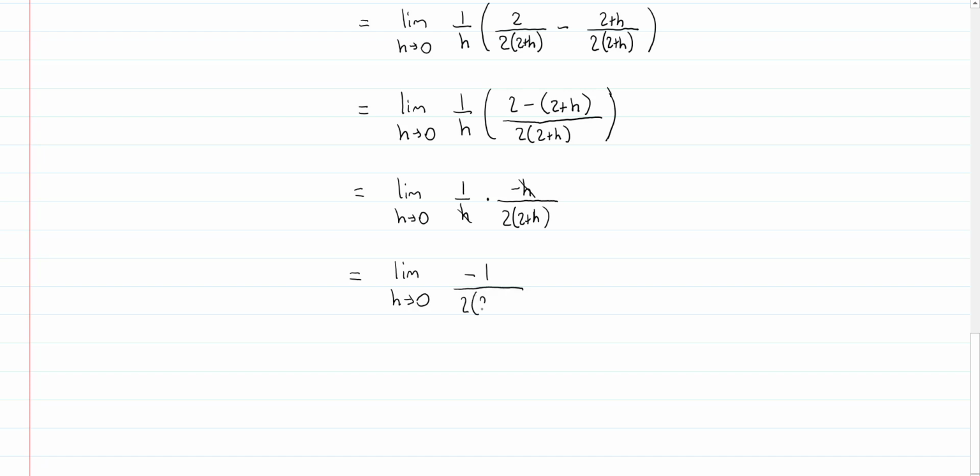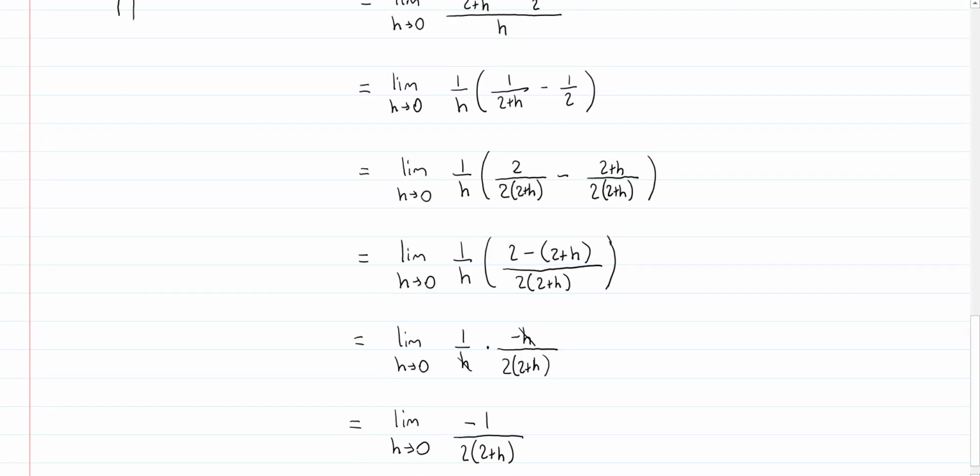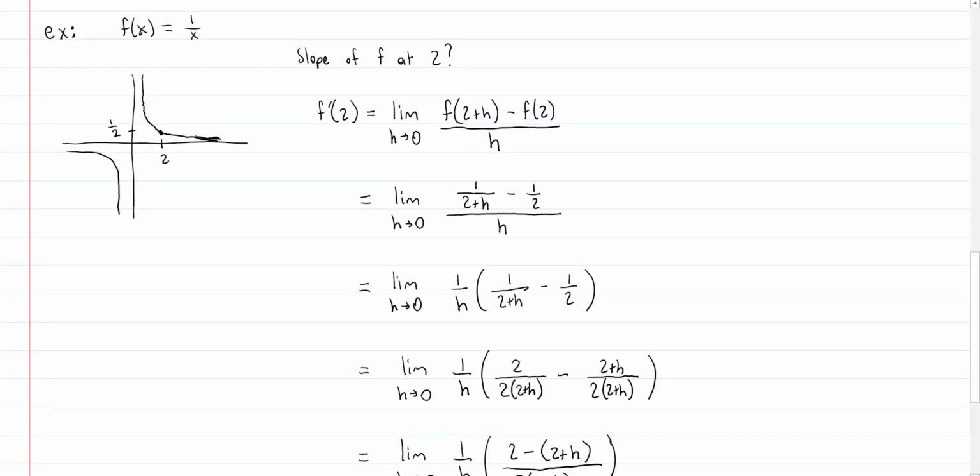And then we have 2 times 2 plus h. And if I try to evaluate at h equals 0, we're going to get a final answer of negative 1 over 4. Okay. So what that tells me is that the slope of the graph at this point is going to be negative 1/4.